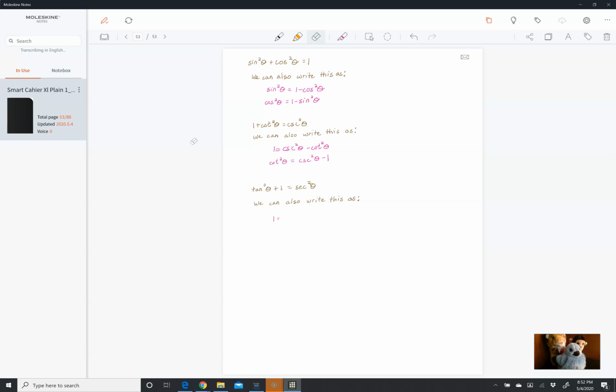So in this case, 1 is equal to secant squared theta minus tangent squared theta. Or we could solve for tangent squared, which is secant squared theta minus 1.